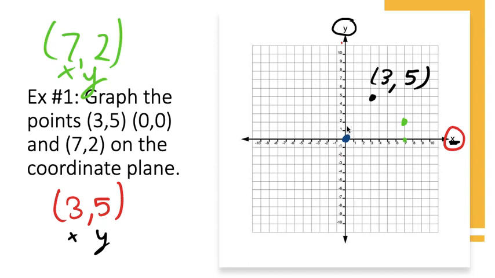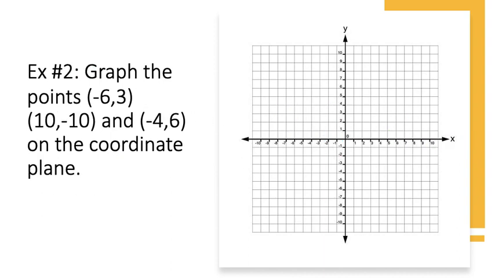So let's check it. It lines up on the 2 for the y-axis, and it lines up at the 7 for the x-axis, which means we have our point 7, 2. This is 0, 0.